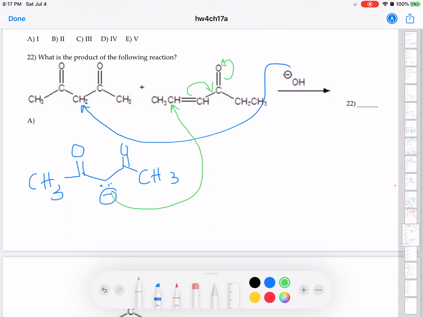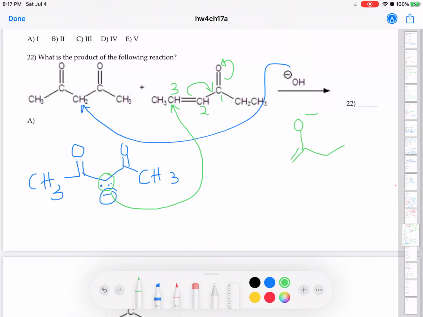So we can number the carbons so you will not lose where the carbons are connecting, 1, 2, 3. So the third carbon is going to attach to this carbon right here. So we can redraw the structure.